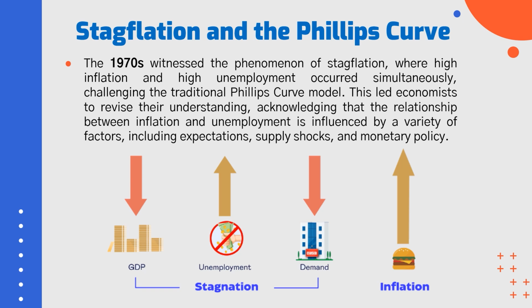At the same time, economic output contracted, leading to higher unemployment. These went against the Phillips curve prediction that high unemployment should lead to low inflation. What did economists learn? Inflation is not just driven by unemployment but also by external supply shocks. People's expectations about future inflation play a critical role, and governments must focus on long-term solutions rather than a short-term trade-off.